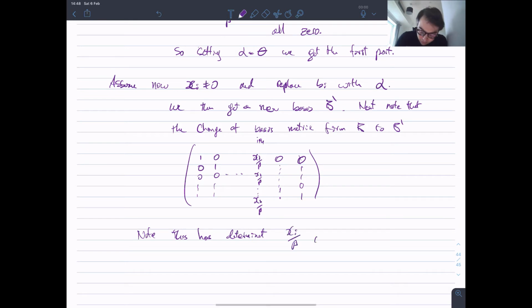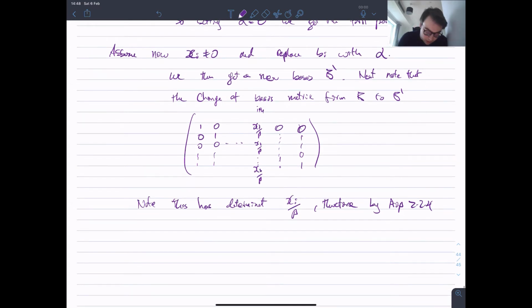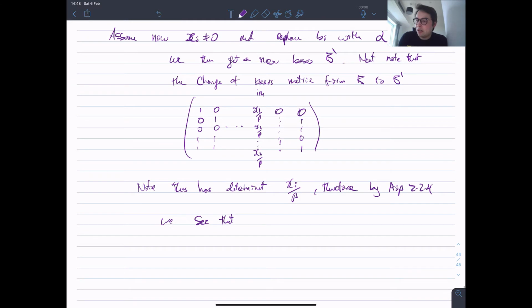And therefore, by proposition 2.2.4, we had a proposition before which told us how discriminants of two different bases were related, and what was coming up was a factor of the determinant squared of your change of basis matrix. And so this is what's happening here.